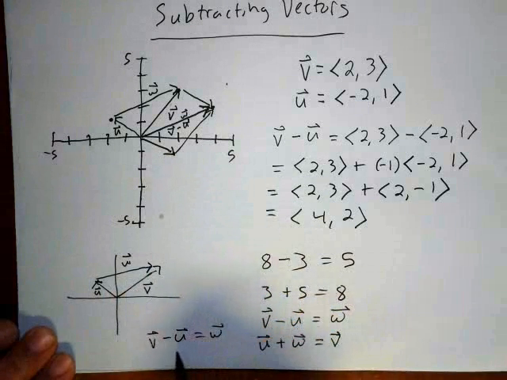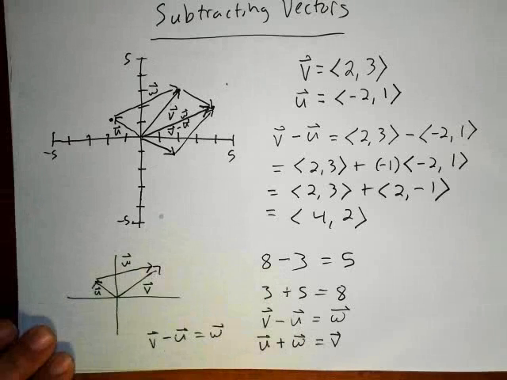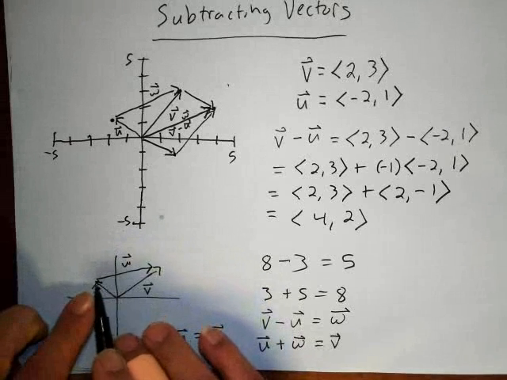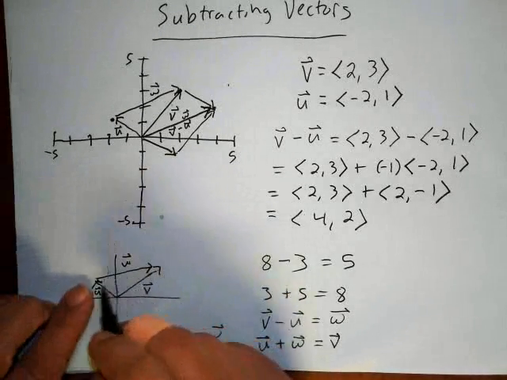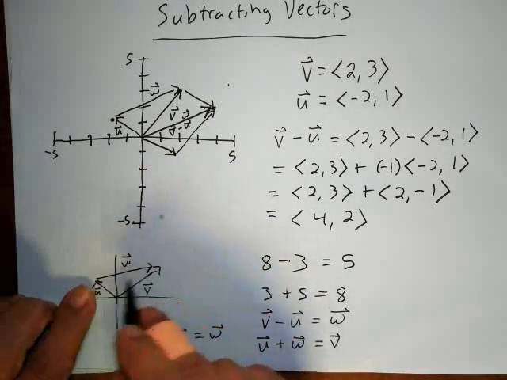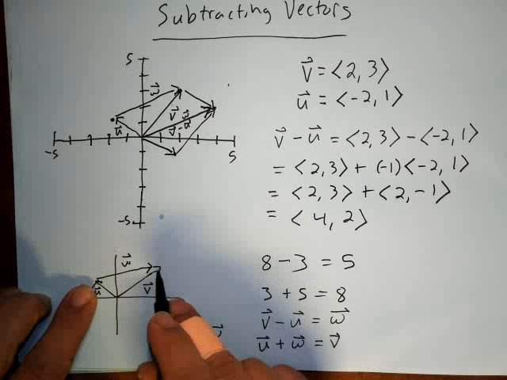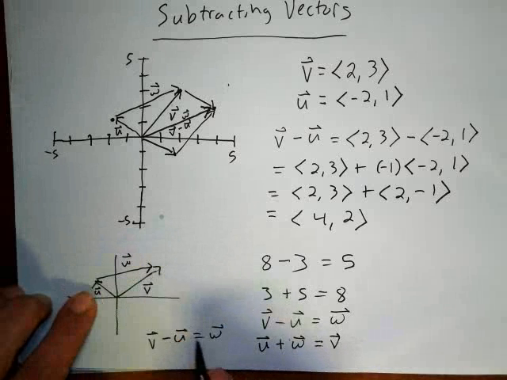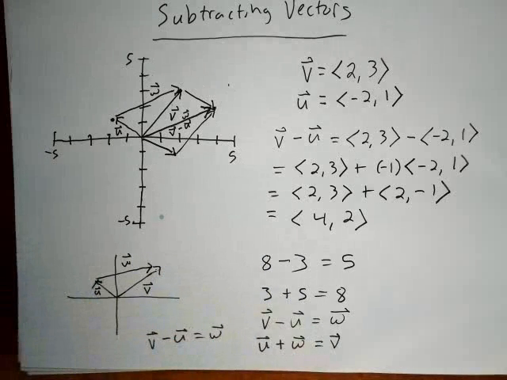Because w plus u, or u plus w, gives you v. So it's the vector that you add to u to give you v. If you have the two vectors, the difference between them is the vector connecting the two vectors, starting with u and leading to v. And that's kind of graphically how you would think of subtraction between two vectors.